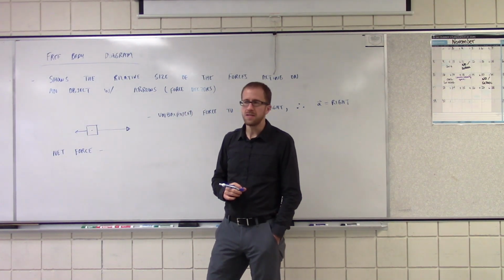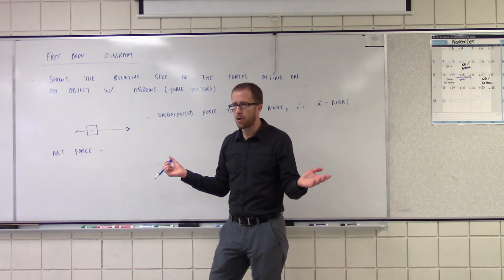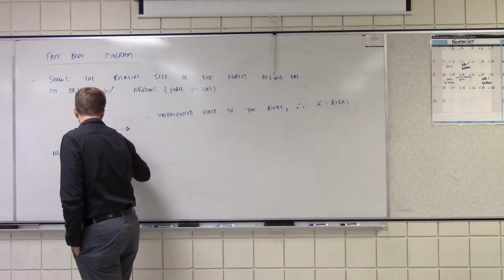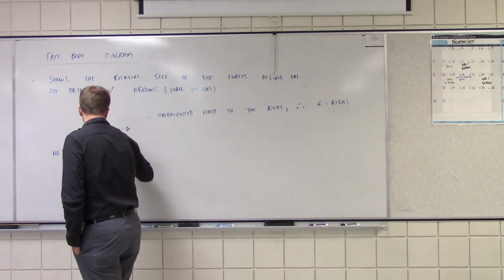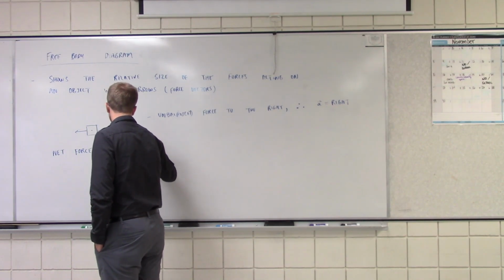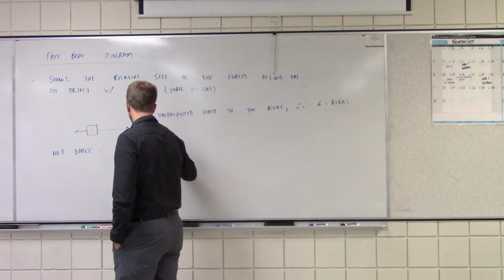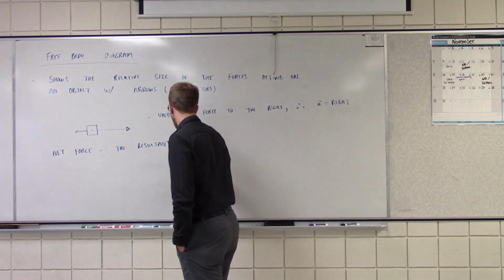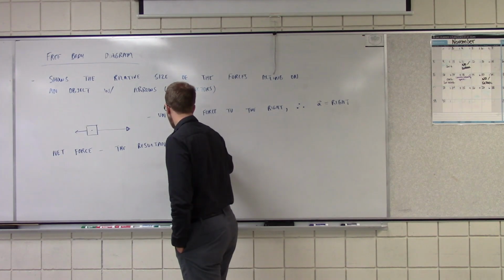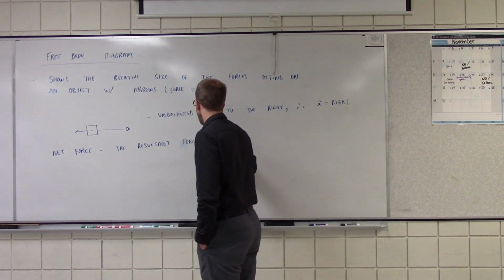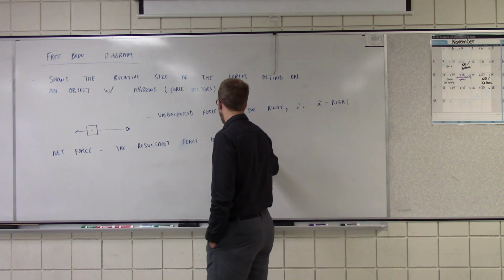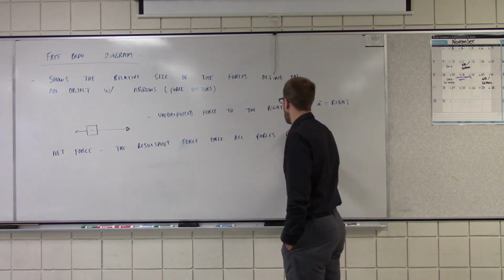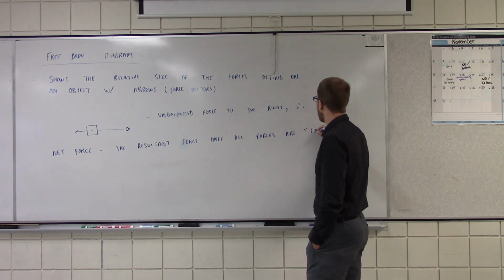So a net force is what's left over once you cancel out all the forces, right? It is the resultant, unbalanced force, or I should just say the resultant force once all forces are canceled out.